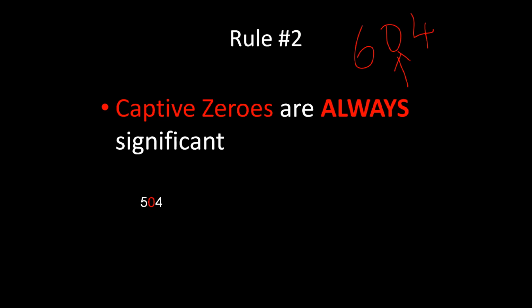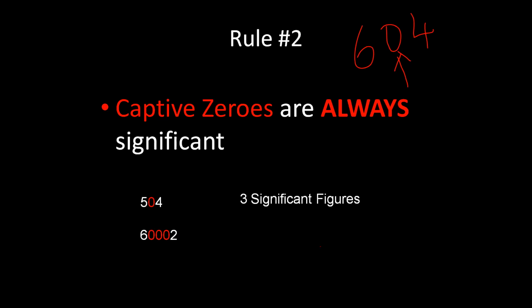So if you look into this number 504, to find out the number of significant figures, you have to incorporate rules number 1 and 2. That is, 5 is a non-zero digit, 4 is a non-zero digit, and the 0 is a captive zero, which means 504 has 3 significant figures.